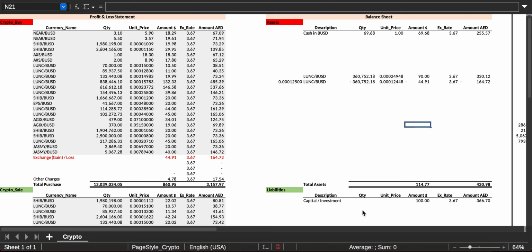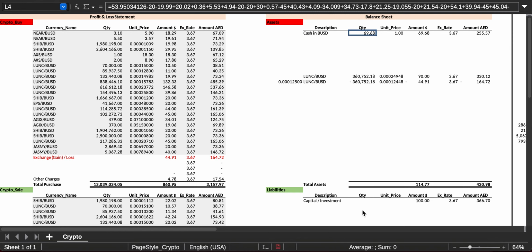I am not putting in more investment from my personal account. So now my total BUSD in assets is 69.68, and here you can see whatever I buy and sell, how many entries I make. In this formula I add and subtract, as shown here. Okay.